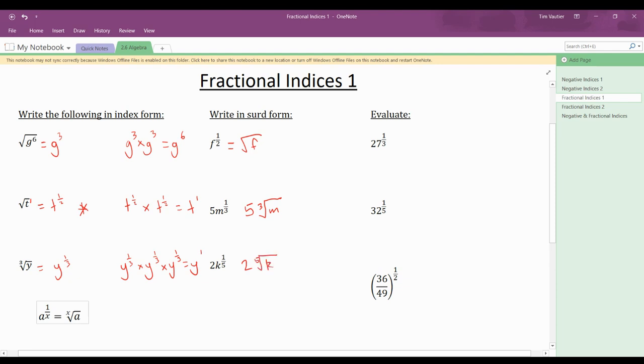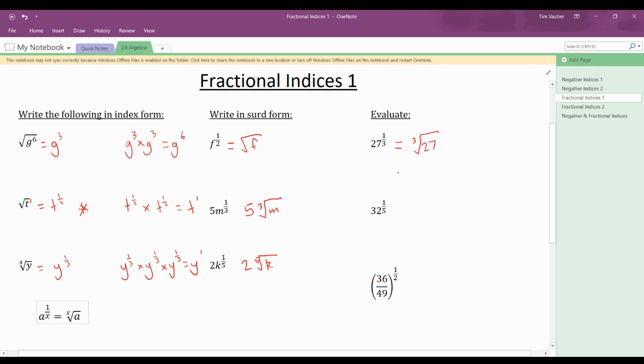And so now we're looking at evaluating, so figuring out what the value of these different things are. We could do it on our calculator, but we want to be able to show our thinking and work through the process. So 27 to the power of 1/3, so 3 on the bottom, means we're cube rooting 27.